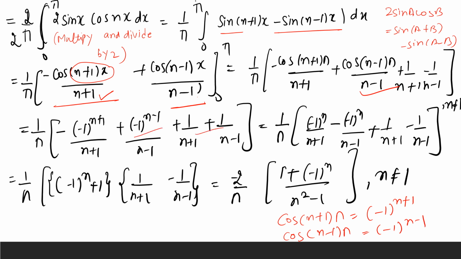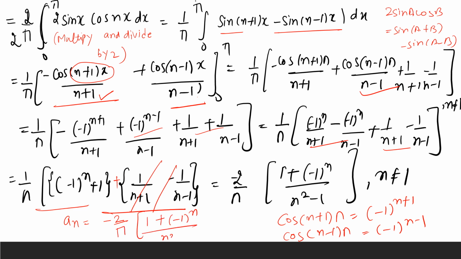We put those values here, and then we calculate all these values and get 1 plus (minus 1) power n upon n square minus 1 out of the bracket, times minus 2 upon pi. 1 upon n plus 1 and 1 upon n minus 1 combine here. So the value of an is minus 2 upon pi, times 1 plus (minus 1) power n, upon n square minus 1.